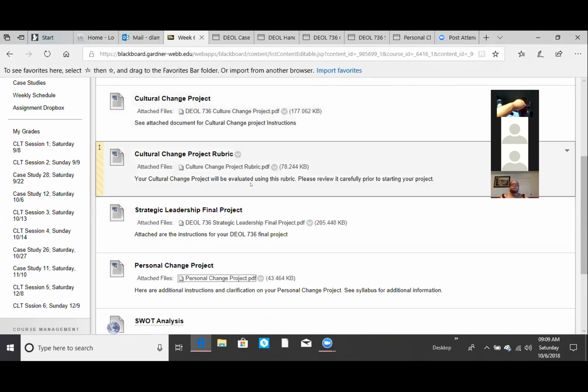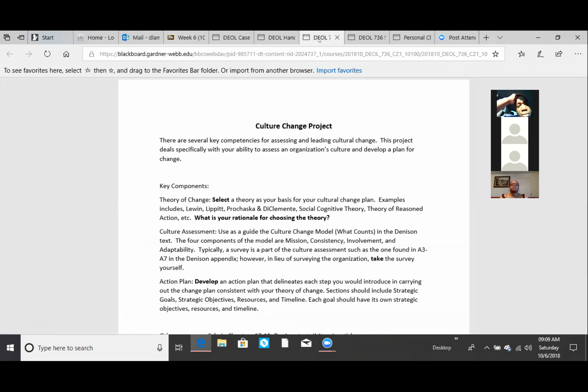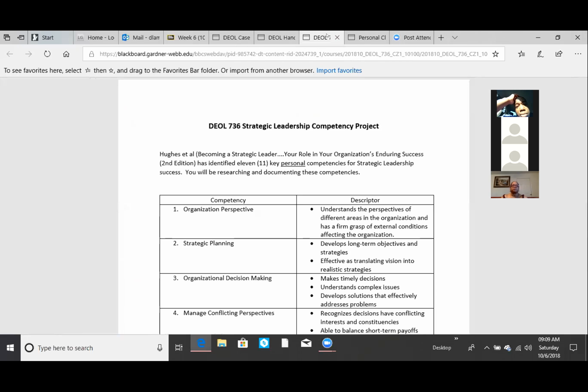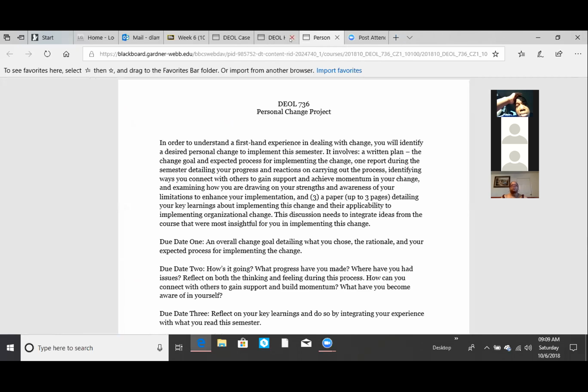And then you have your 3 projects. As a reminder, what they are: your cultural change project. Again, I've got those under course overview, course materials. And here are your directions for each of those. That's the cultural change project, your competency project, and your personal change project.